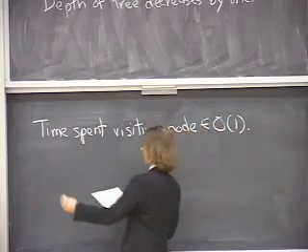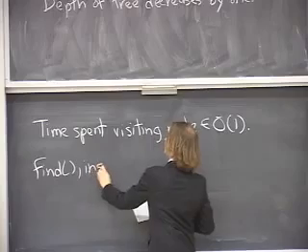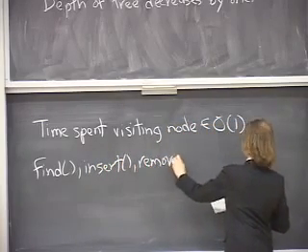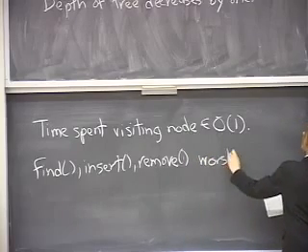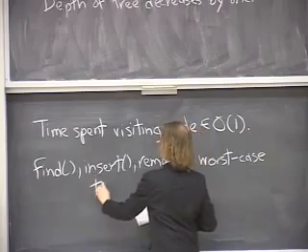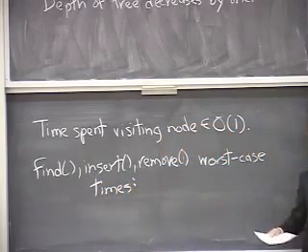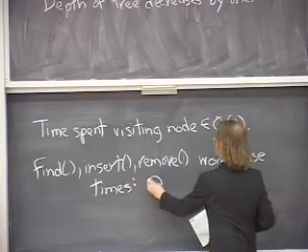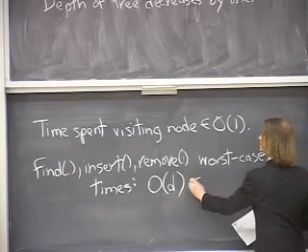And therefore, the find, insert, and remove operations all have worst case times of the number of nodes you visit, which is the depth of the tree, which is log n.